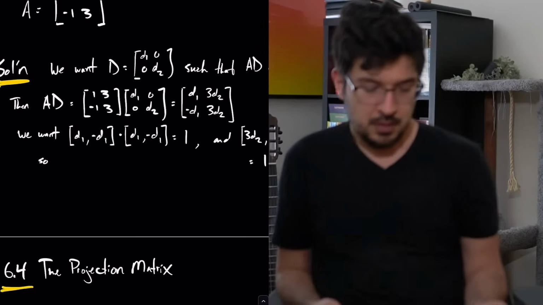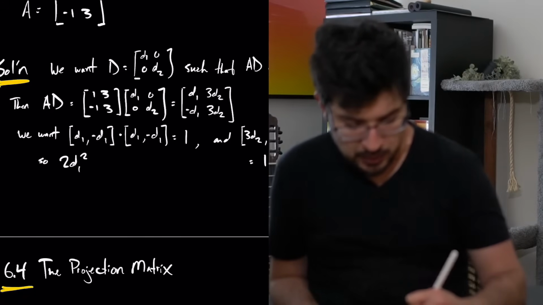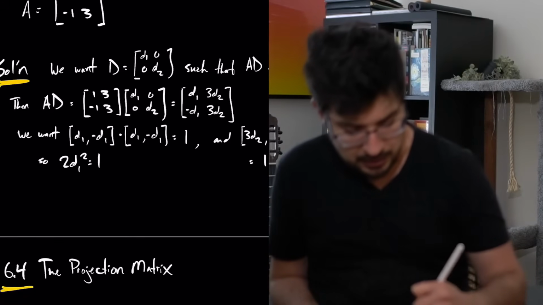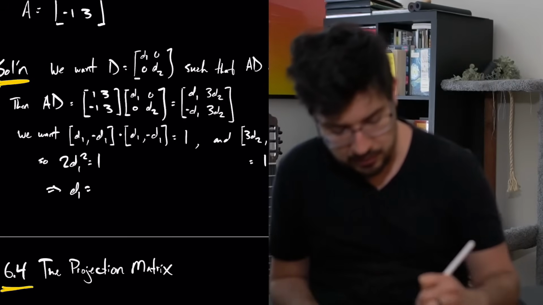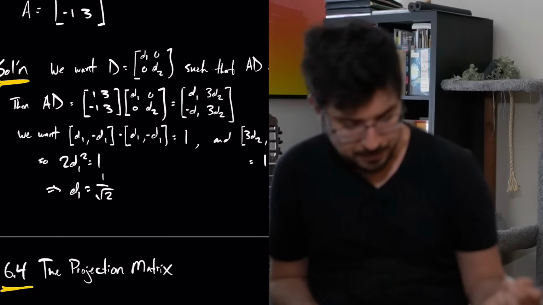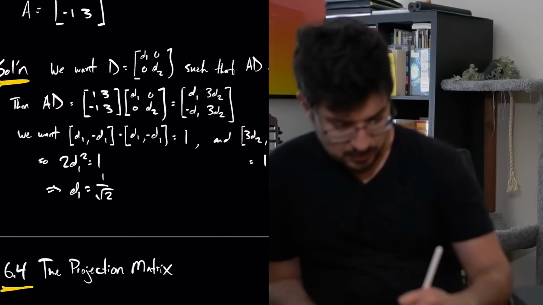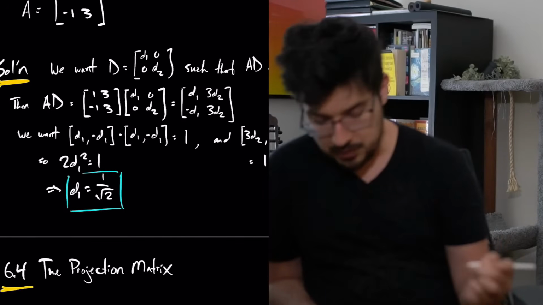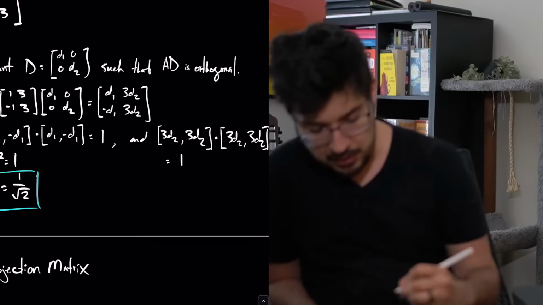So, here we have 2D1 squared equals 1, which implies that D1 is 1 over root 2, or square root of 2 over 2, whatever you want to call it.